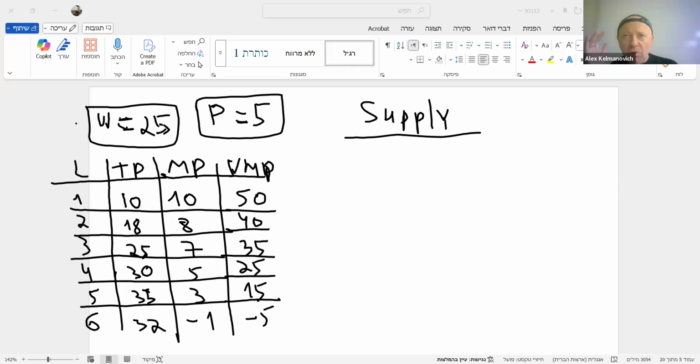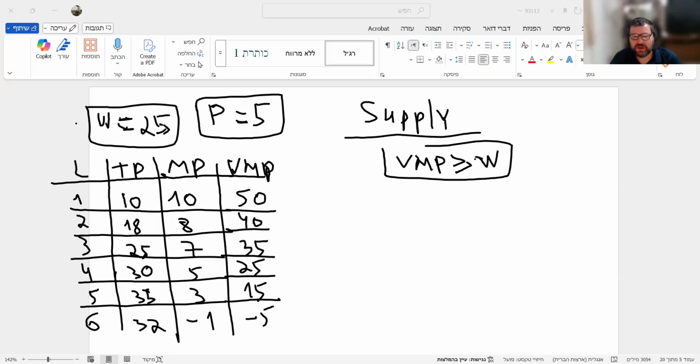Yeah, very good. Okay, it's simple logic. If I have to pay every labor 25 shekels, I will take a labor only if the VMP is bigger or equal to the wage, to 25 in this case.